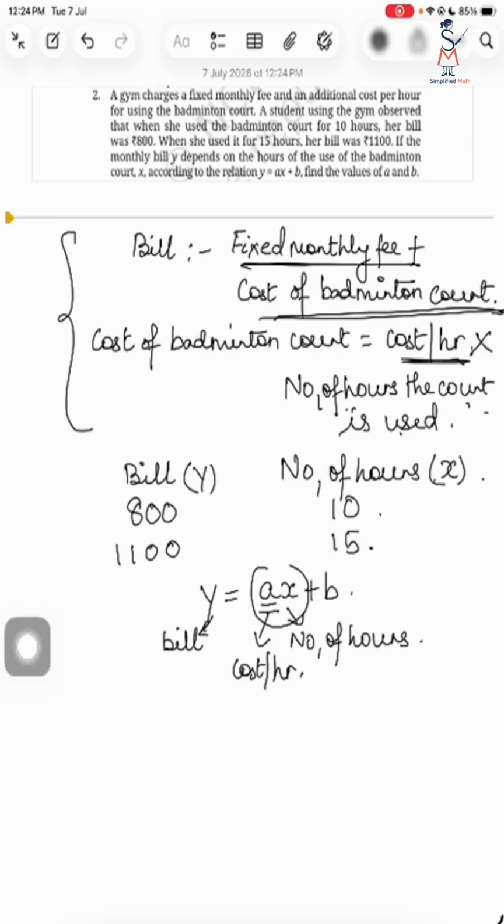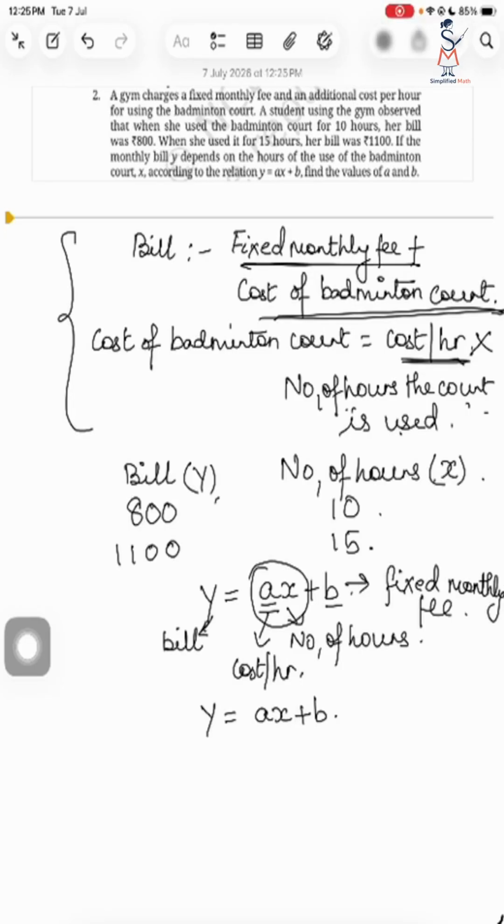This together will become the cost of badminton court, and B will be the fixed monthly fee. I am explaining this because at times they may ask you this. It's not required in this question though. So Y is equal to AX plus B is the relationship between Y and X.